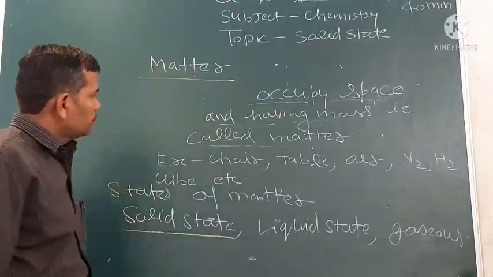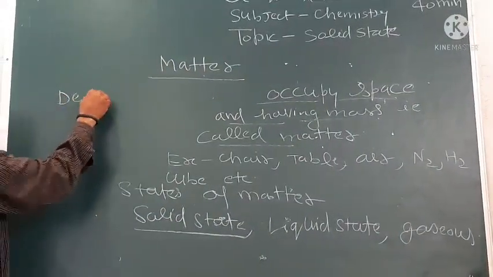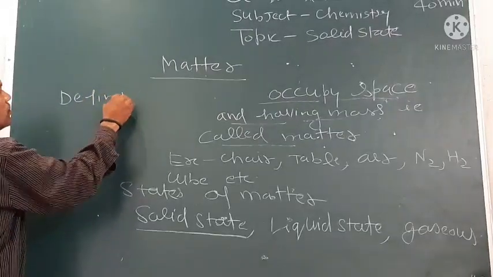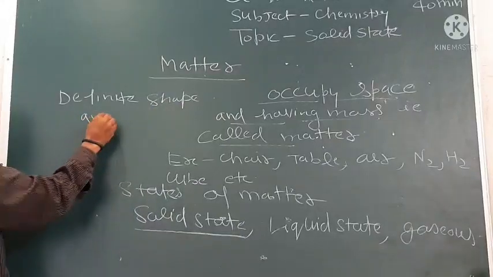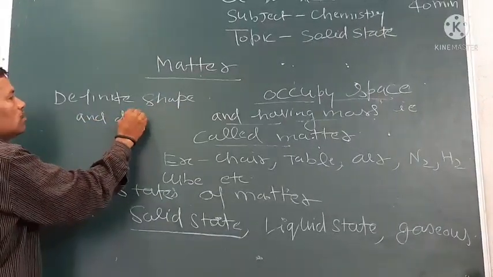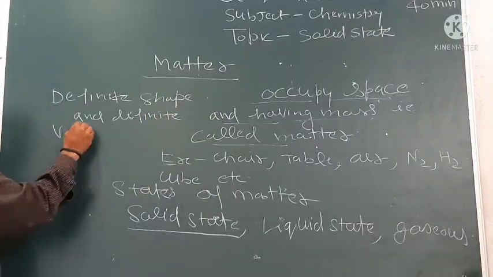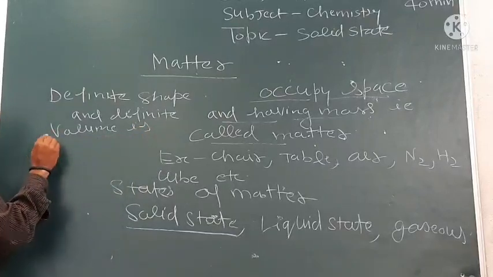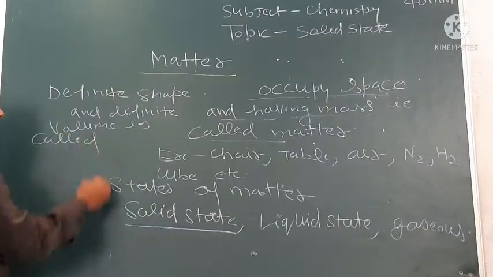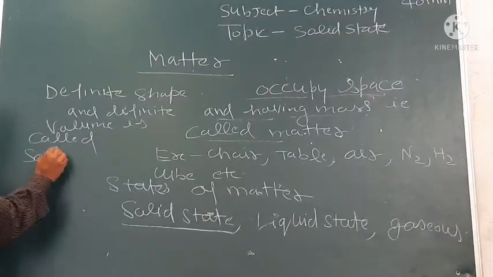Solid state: a substance with definite shape and definite volume is called solid state.